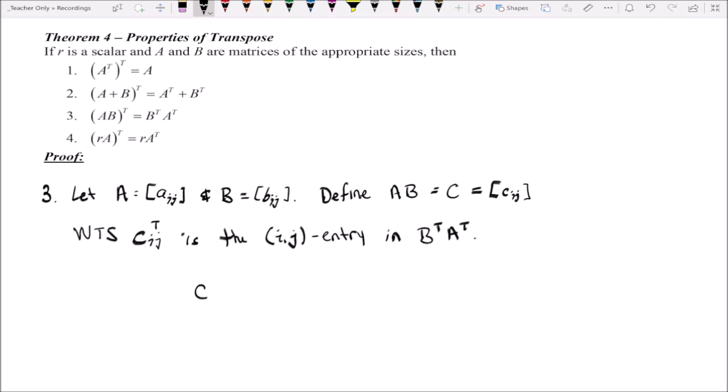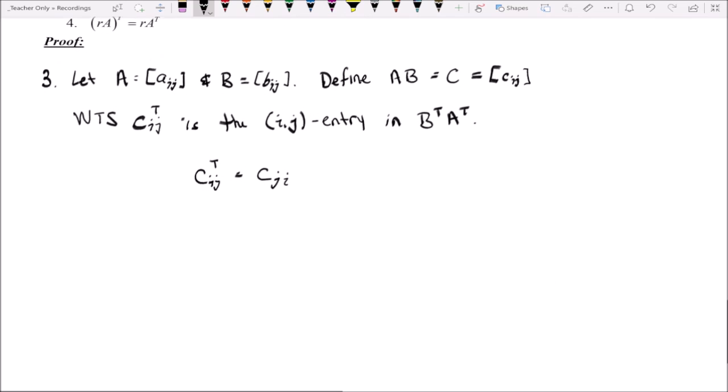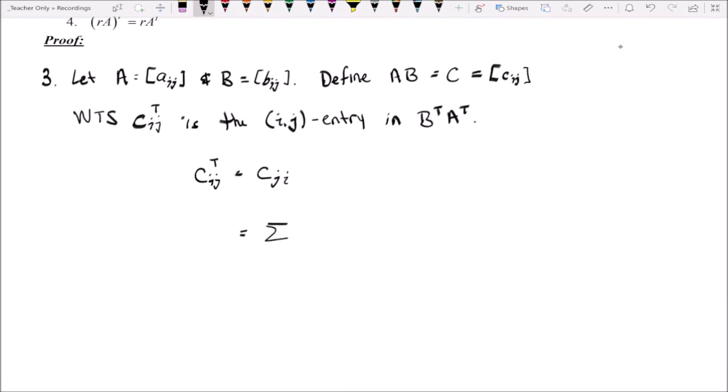All right, so start with cij transpose. Remember, when you take the transpose, all you do is flip the rows and columns. So cij transpose is simply cji. By definition of matrix multiplication, this is the sum from k equals 1 to n of ajk times bki.